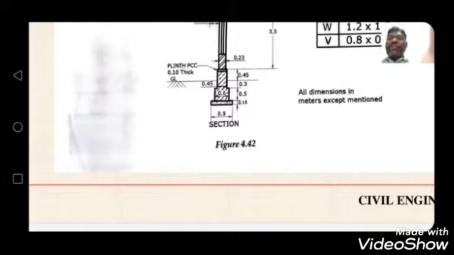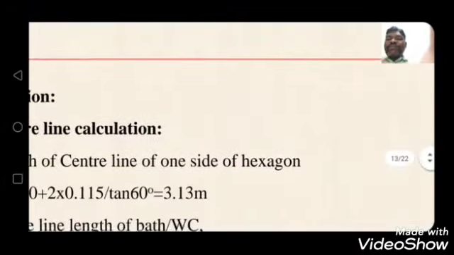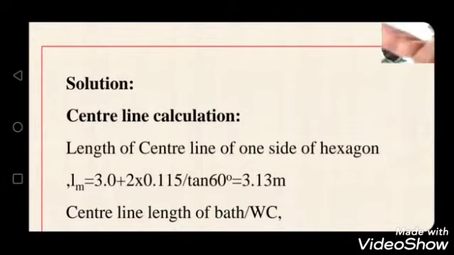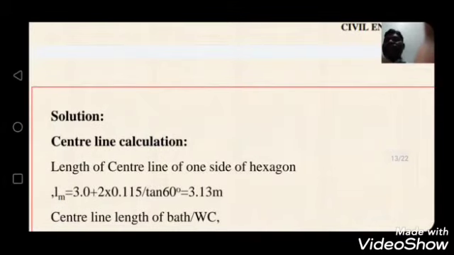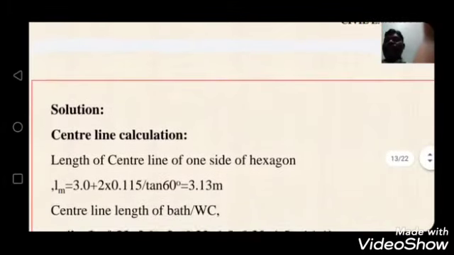Total thickness of the bed concrete is 0.15 meter. Calculations, solution: the center line calculation. Length of center line of one side of the hexagon, L mean, is equal to 3 plus 2 into 0.115.